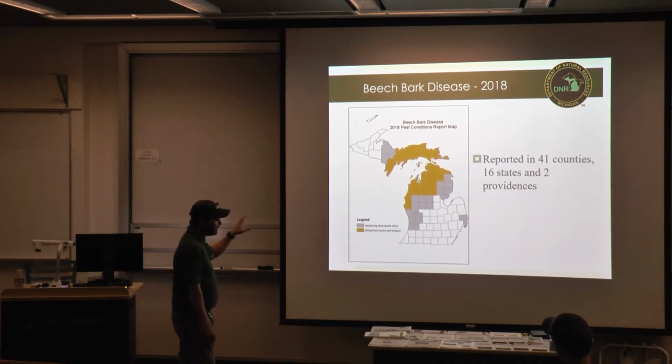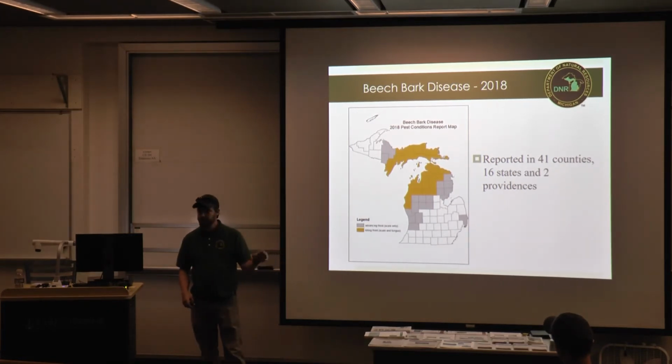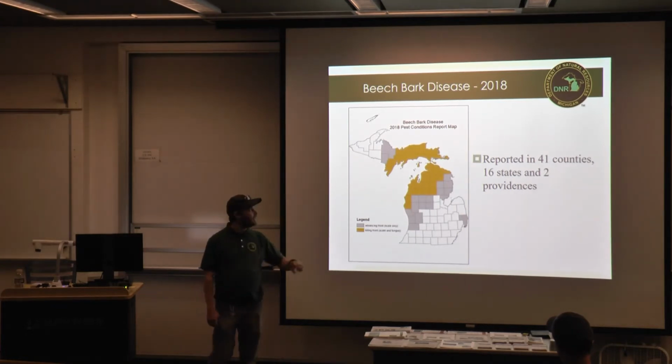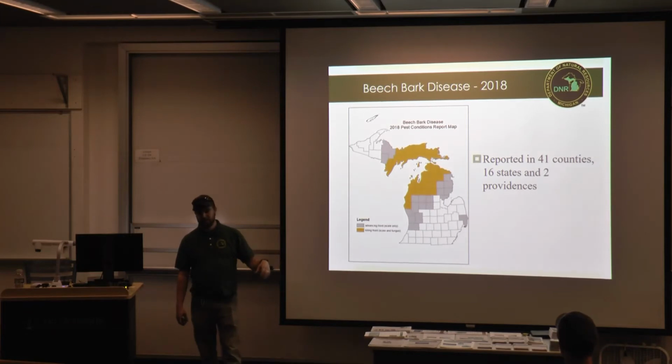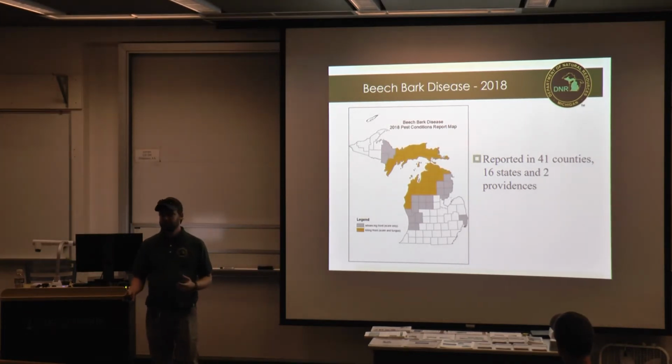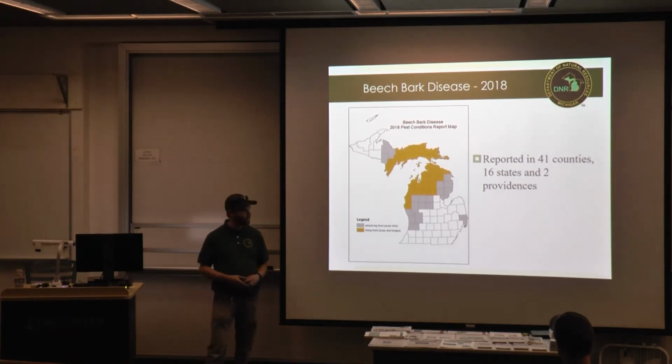The Upper Peninsula is pretty widespread. The aggressive Neonectaria fungi is in the UP. It just jumped to the Lower Peninsula around 2012, so you do see a lot of mortality in Emmett County. We've been seeing it down in the Grayling area now.